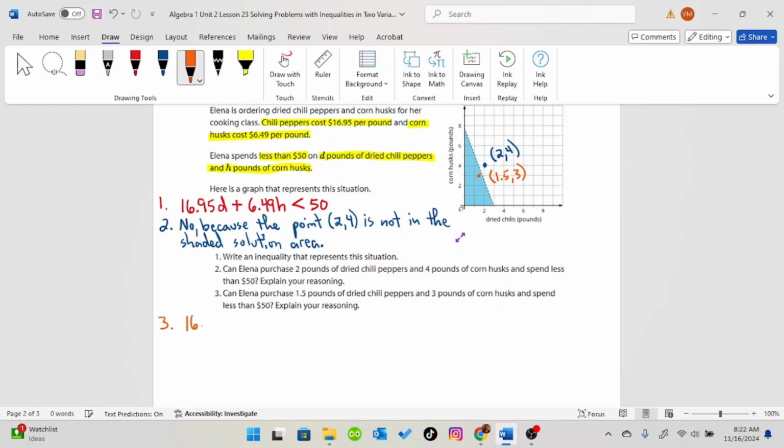This would be 16.95 times 1.5 plus 6.49 times 3, and that would need to be less than 50.